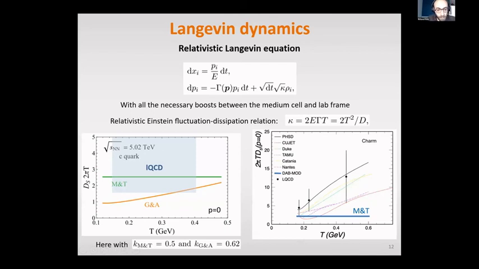If we look at what kind of diffusion coefficient we get with this model, we see that the Moore and Teaney model is a bit more compatible with the lattice QCD results, and that the Gossiaux model is a bit too low as compared to this. And as compared to the other models, we are more on the low side of the value for this diffusion coefficient.